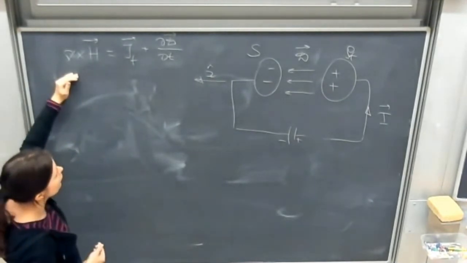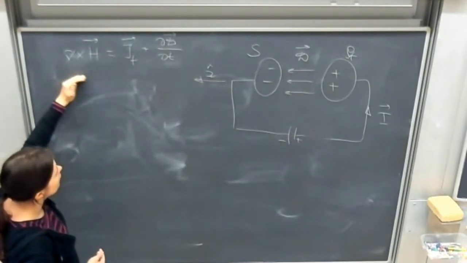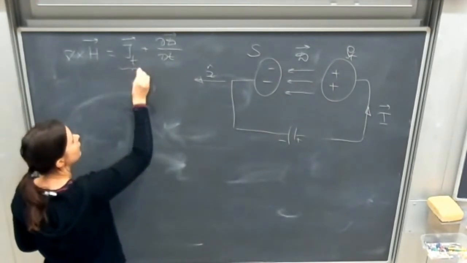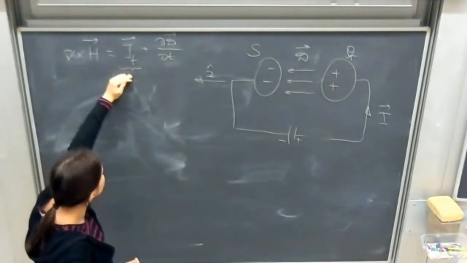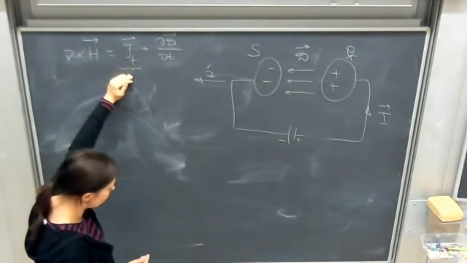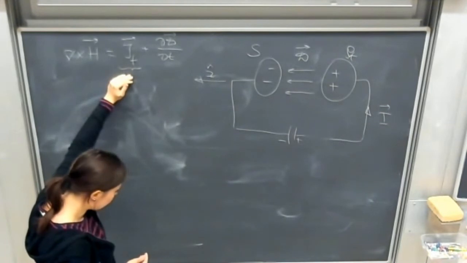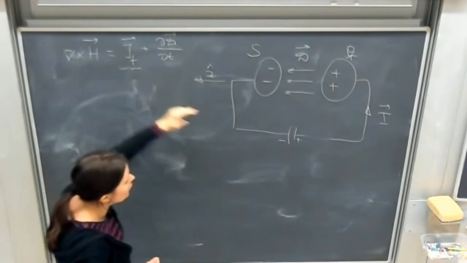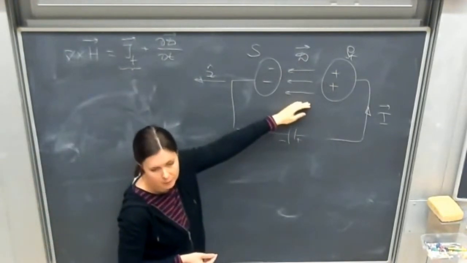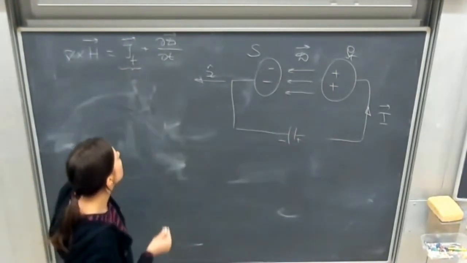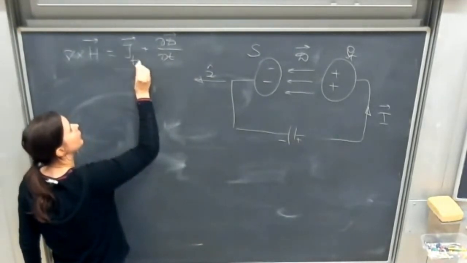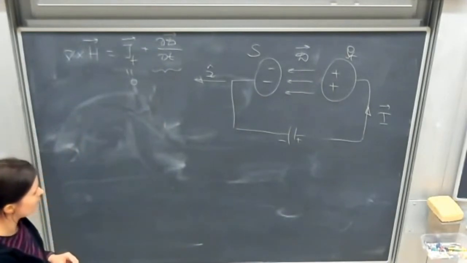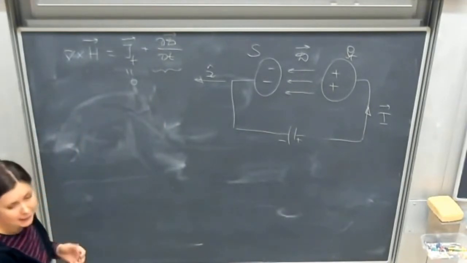To find H, note that between the capacitor plates there is no free charge current density. There are no flowing currents here besides the displacement current. So we need to find this part. This is 0, and we need to find the displacement field, which we can find from the electric field.